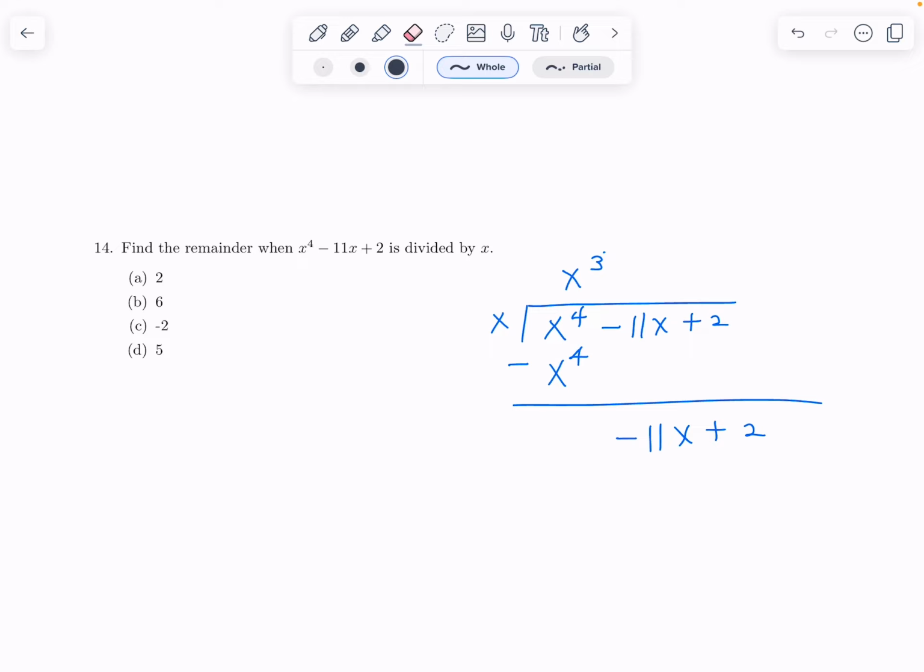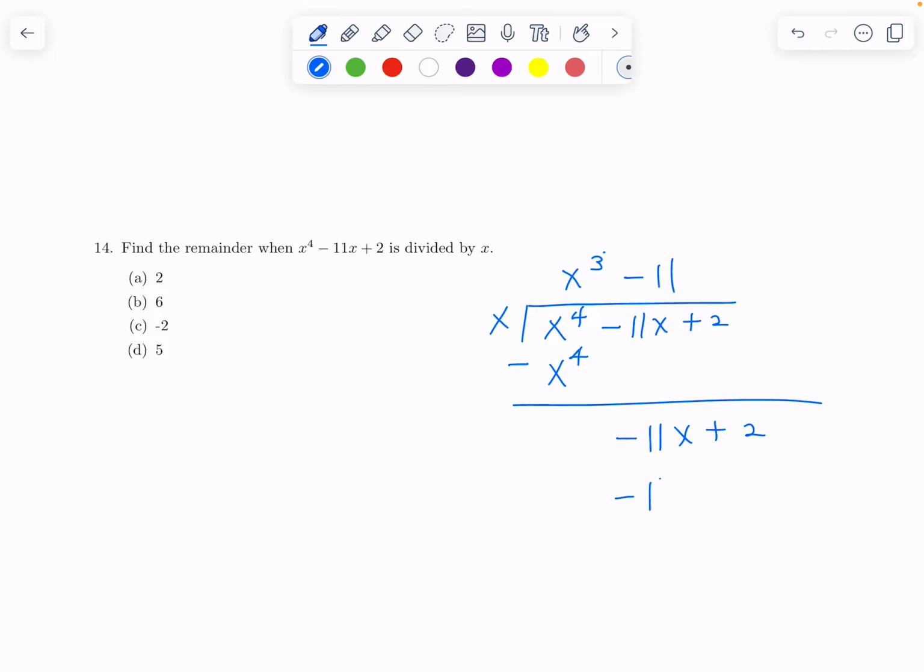Since this part is 0, I can remove that 0 there. The next thing I want to do is divide this term here by x, so this is just going to be negative 11. Negative 11 times x is going to be negative 11x.